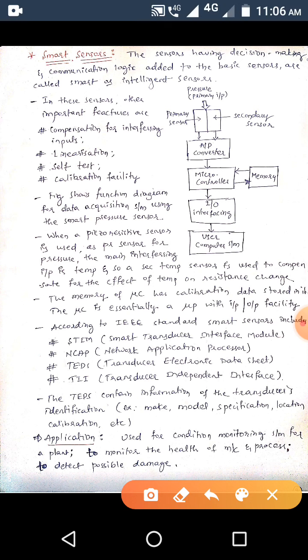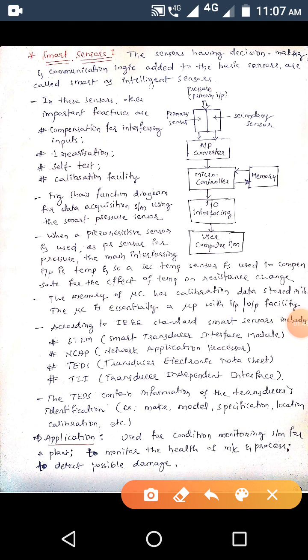So this sensor is going to decide where we need to fix the setup, and it is going to communicate with some of the UV sensors, IR sensors, ultrasonic sensors, or proximity sensors. So these types of sensors are going to communicate with some of the basic sensors, and this is nothing but the intelligent sensor or smart sensor.